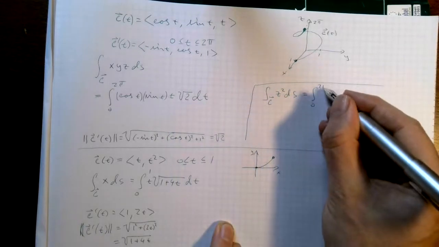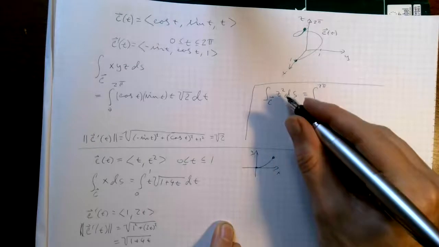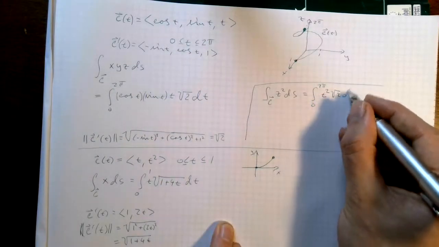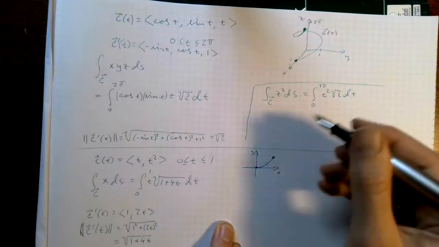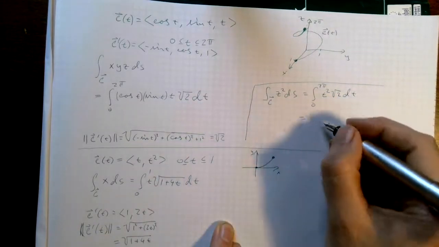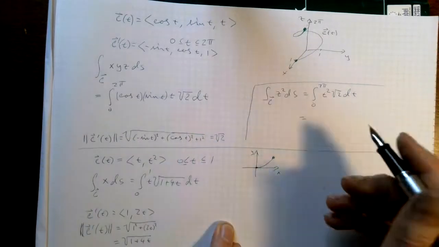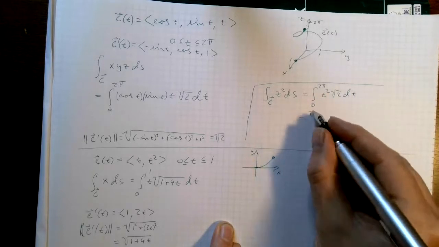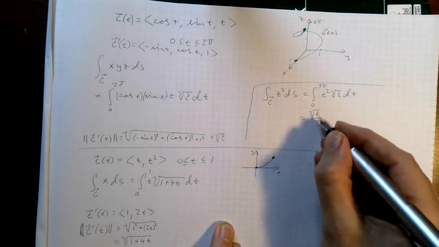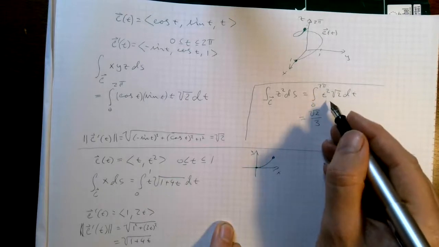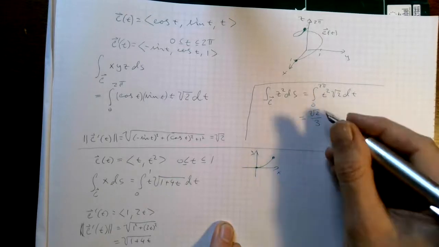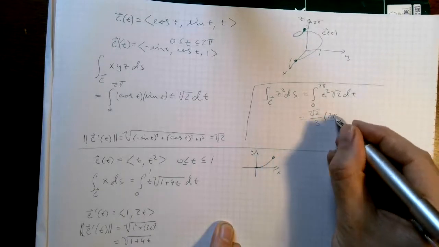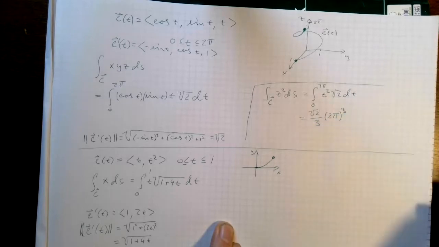So 2 pi and z squared, z was t, so this is t squared times square root of 2 dt, and I can do this in my head, so I don't have to worry about doing some sort of integration by parts. So I'm going to have the square root of 2 and t cubed over 3 is the antiderivative, right? So this is over 3, and so there's 2 pi cubed, right?